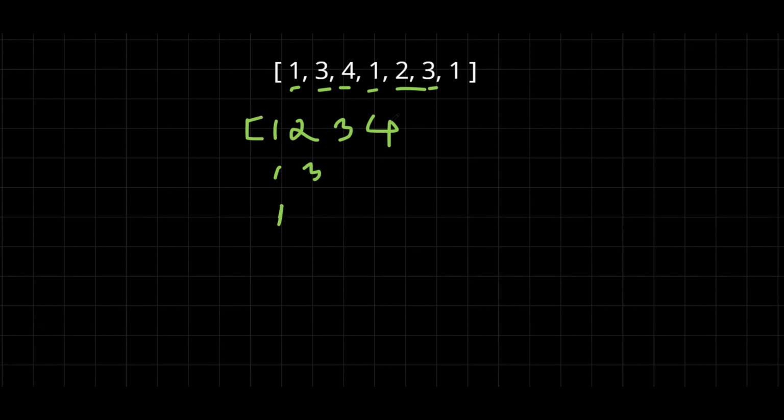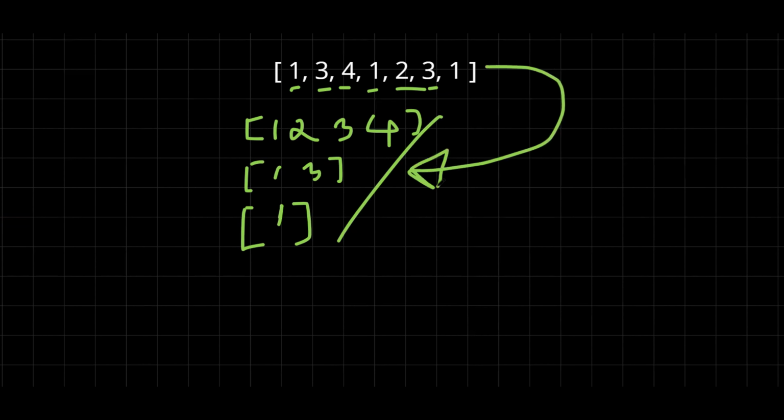If we make these 3 lists, then none of the lists has any repeated element, and it is the minimum possible two-dimensional array. So for this input, we have to return these 3 lists.